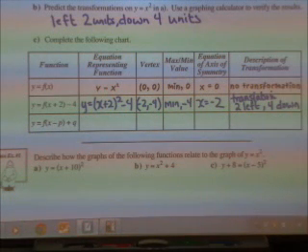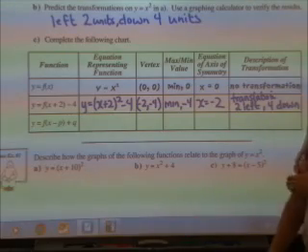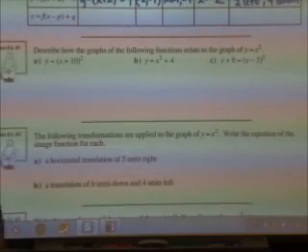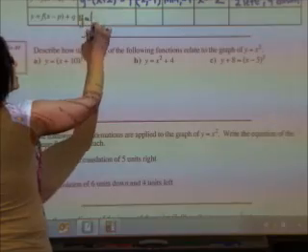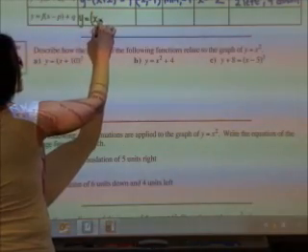So if we extend that algebraically to just have any value we call p and any value that we call q, if I have the function y equals f of x minus p plus q, my equation becomes, wherever I see an x, I substitute in an x minus p.